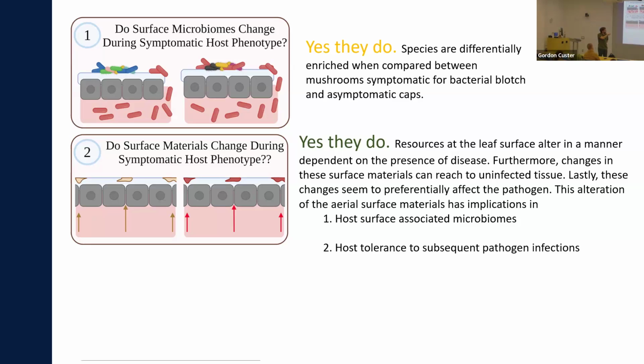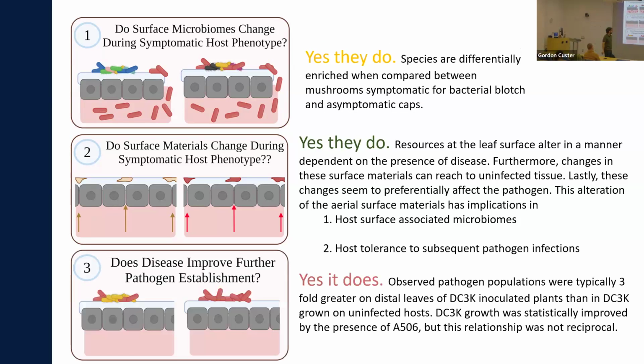Further than that, it is extraordinarily interesting to me that these changes are going all the way to an uninfected tissue, or that distal tissue. That's fascinating to me. I think that this, in my opinion, has implications for host surface associated microbes or microbiomes, as well as host tolerance to subsequent pathogen infections. And then lastly, does disease improve further pathogen establishment?